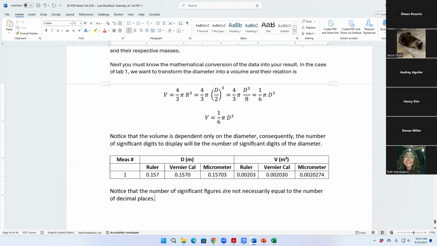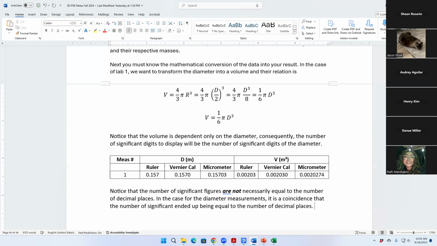In the case of the diameter measurement, it is a coincidence that the number of significant figures ended up being equal to the number of decimal places, but not for the case of the volume.